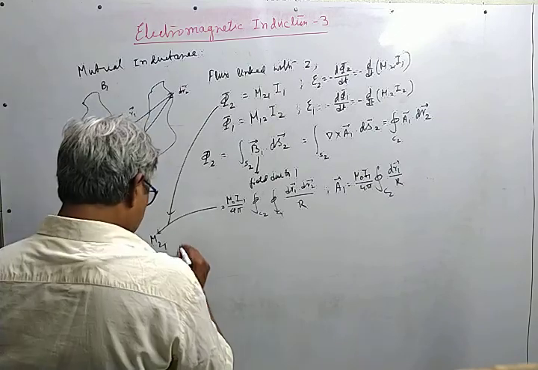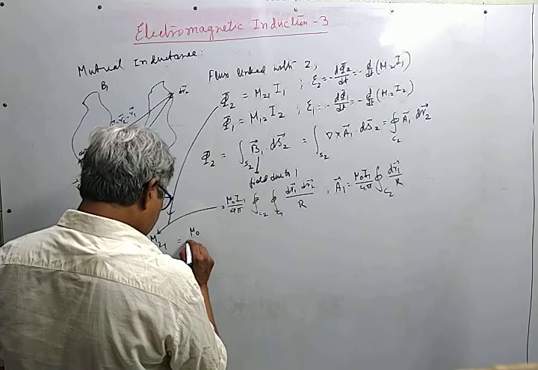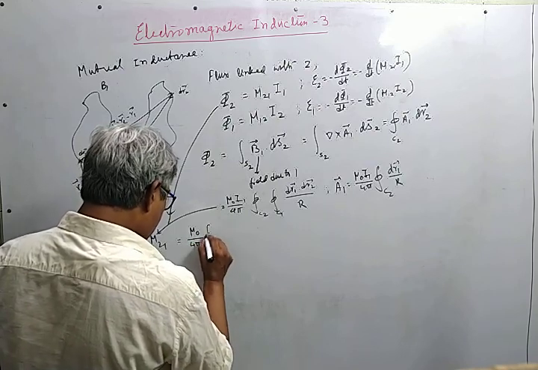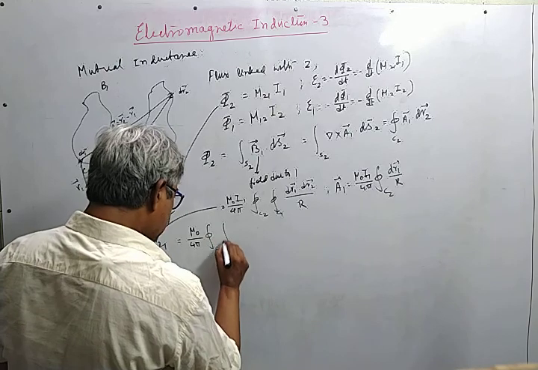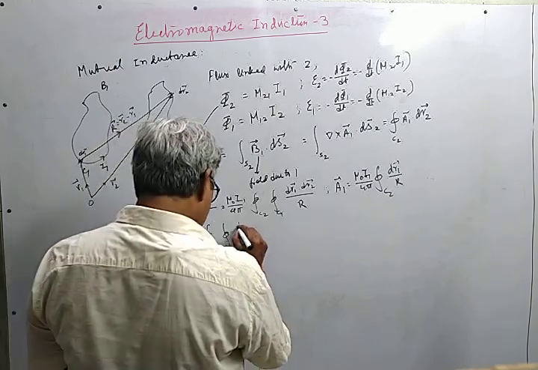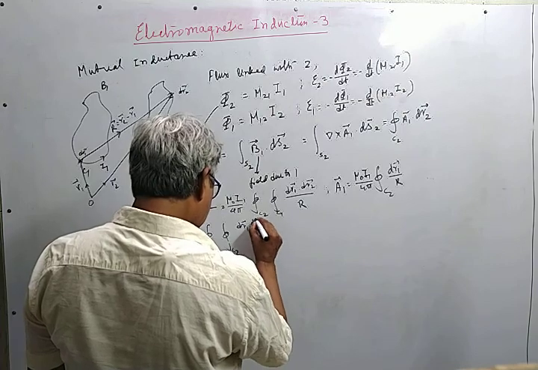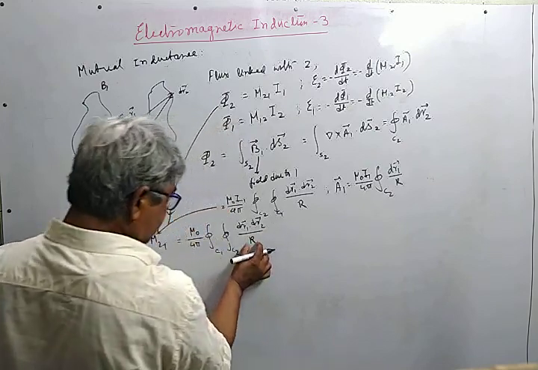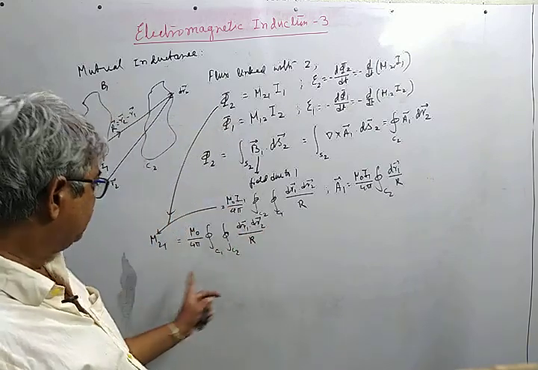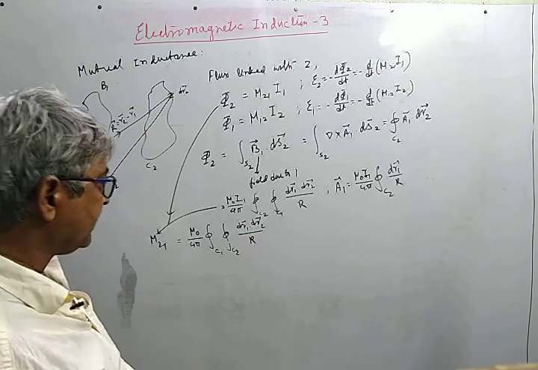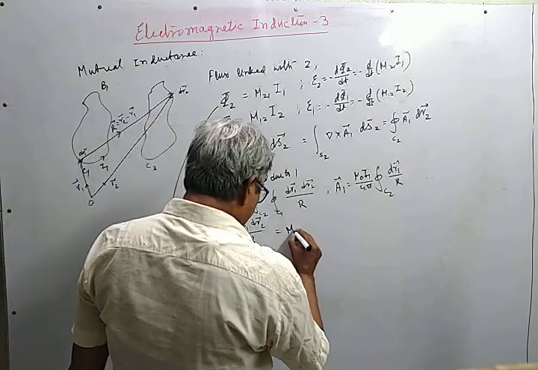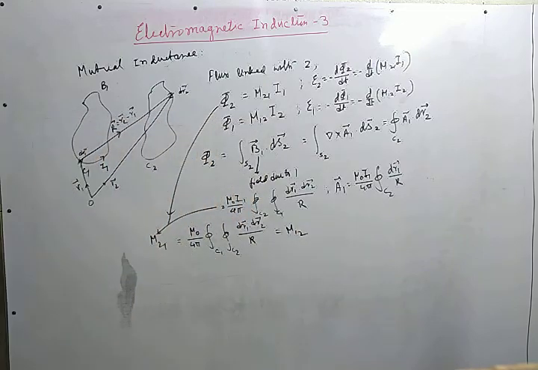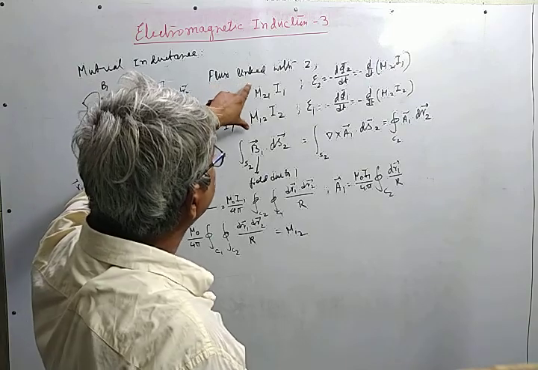So M21 is equal to mu 0 upon 4 pi integration over C1 C2 of dr1 dot dr2 by R. You see that R, capital R, is a scalar, and the expression is symmetric about r1 and r2, so we can call it M12 also. Nothing changes if we interchange the subscripts 1 and 2. So that's why now we can call it the mutual inductance.